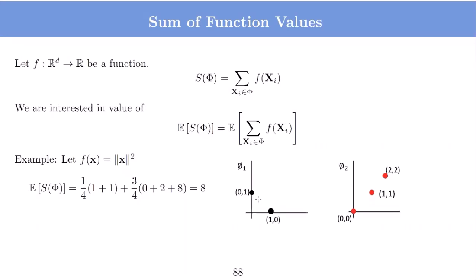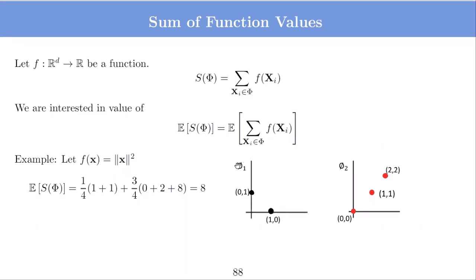So for this realization, the value of S would be, I have 2 points. For this point, the function value is 0 square plus 1 square, 1. And for this one it is also 1. So the addition would be 2. So S takes value 2 if this is the realization.